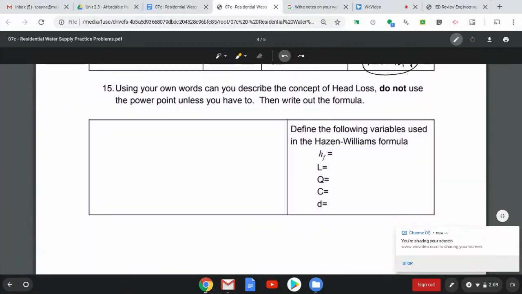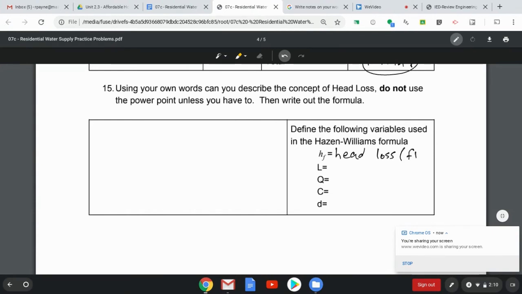So moving on with problem 15. Using your own words, can you describe the concept of head loss? So I'm going to work on the right-hand side here, define each of these terms, and then I'm going to describe it and use the formula. All right, so HF, the meaning of this term is head loss.